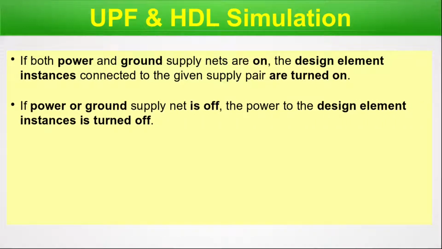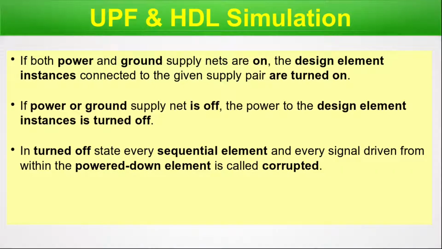If the power or ground supply net is off, the power to the design element instances is turned off. In the turned off state, every sequential element and every signal driven from within the power down element is called corrupted, because this block is totally off. So any signal going out is unacceptable.